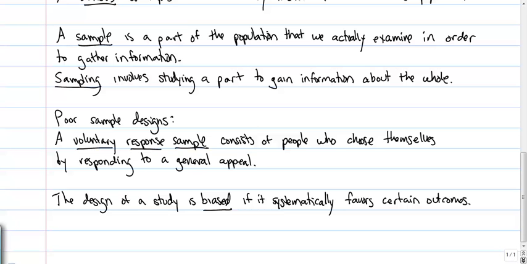Voluntary response samples are biased because people that have strong opinions, especially negative ones, are more likely to respond. When you read example 5.2, they talk about how these call-in opinion polls are biased. These voluntary response samples are biased because the people who tend to call in are those that have those strong opinions, and they're not necessarily representative of the entire population that we're trying to draw information about.